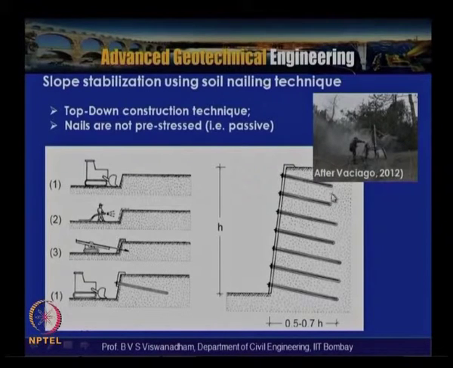Depending upon the requirement, some curtailment of the nail length can be done, but the minimum horizontal length required is 0.5 to 0.7 H. This is the vertical spacing of the nails, and along the slope surface there will be horizontal spacing. This is the facing element, and this is the portion where the nail is bolted, so that is where the head of the nail comes into the picture.